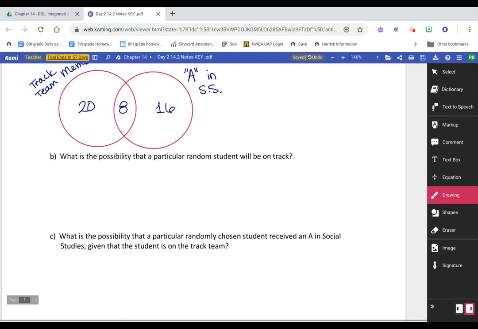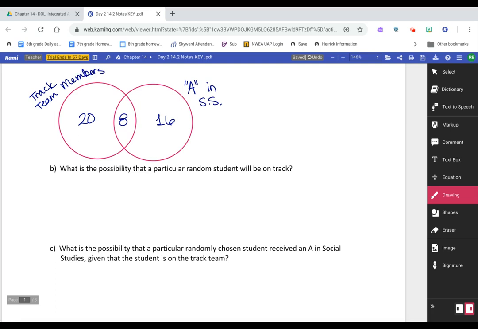Okay, what is the probability that a particular random student is pulled and will be on the track team? Okay, so how many students are on the track team? When you look at this Venn diagram, the track team is represented in this circle. And we have a total of 28 members on the track team. Great.